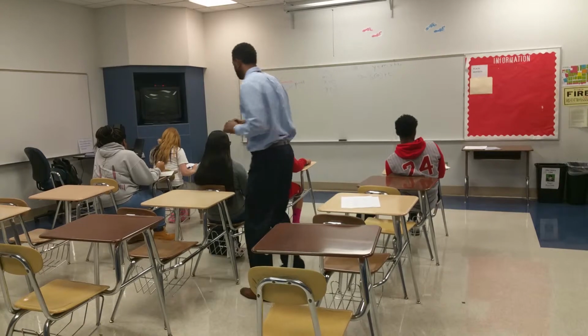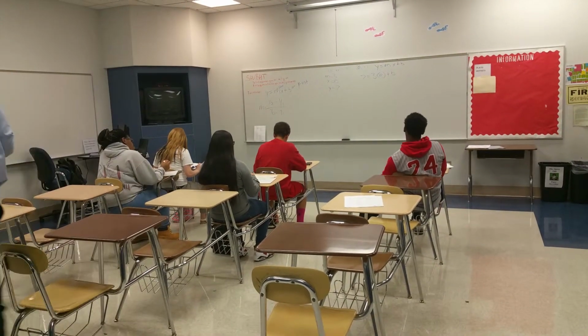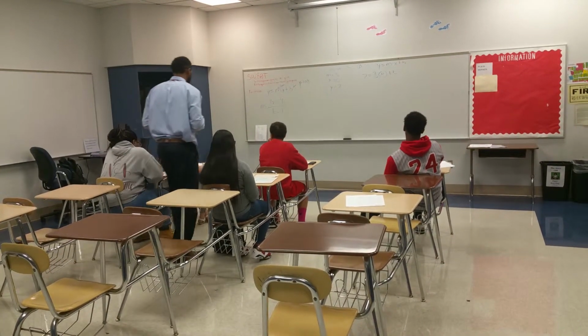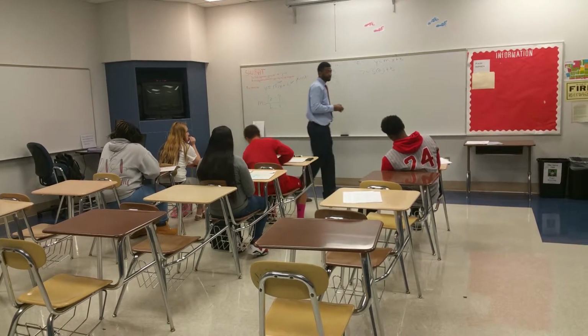I understand some of you can solve in your heads, but I would like you to work it out, so just in case we make a mistake, we can see where it was made. So please show your work.